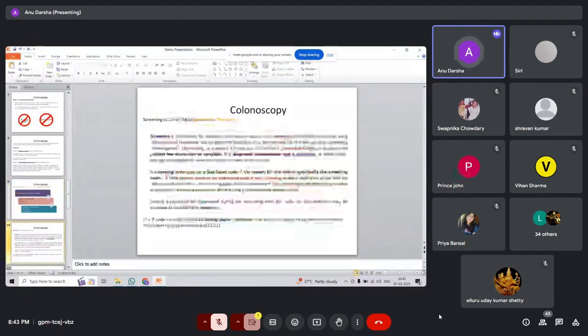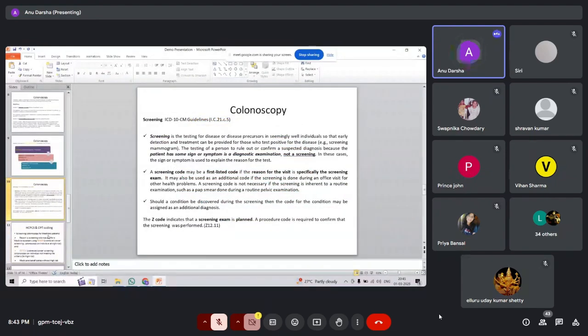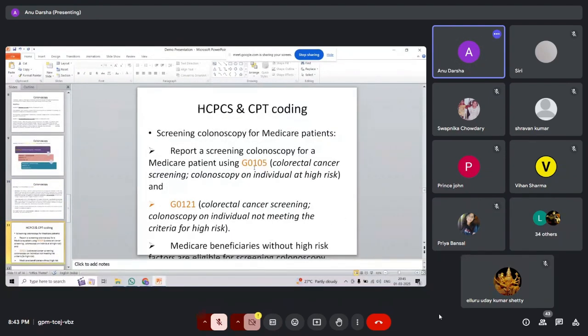The purpose of these G codes is that they can be used only on patients undergoing a screening colonoscopy which is diagnostic, where they have not done any sampling, any polypectomy, any ablation, nothing.